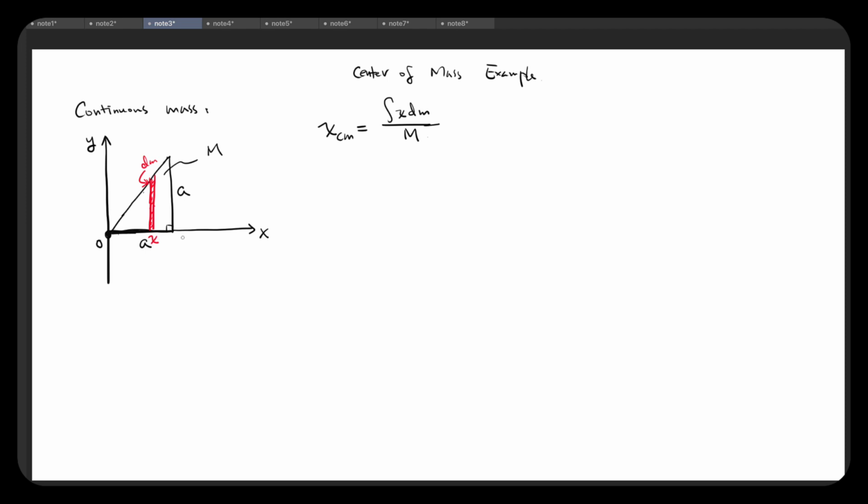They all have x here. Now from there we can represent dm that way.